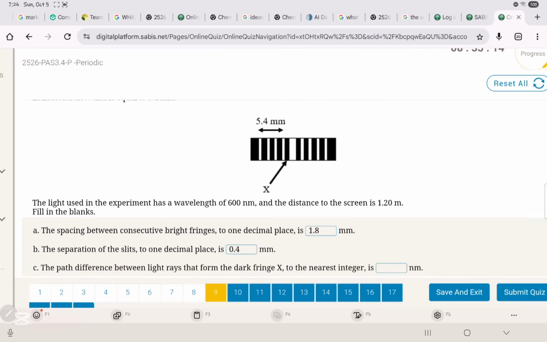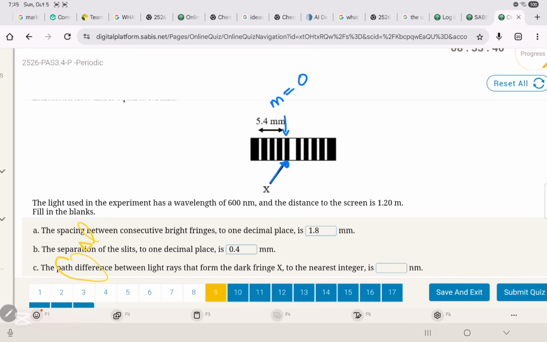Now, last one. They want the path difference. What's the path difference? They mean delta L between light rays that form the dark fringe X. The dark fringe X is the first dark fringe after the central brightness. So for the dark fringes, always the first dark fringe after the central brightness will have an m of 0.